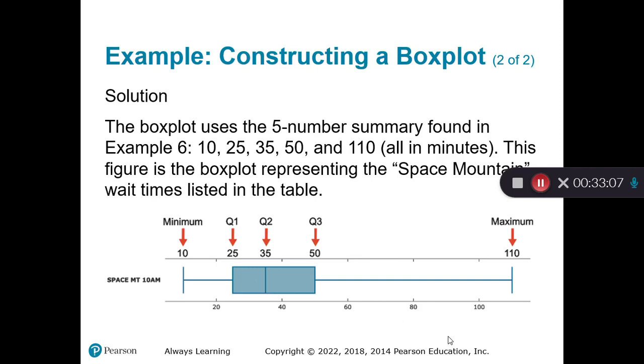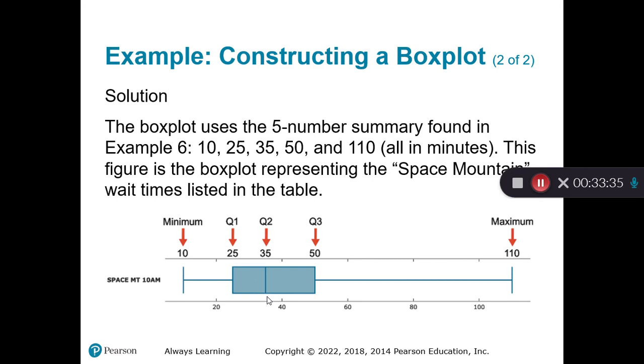Now, my promise to you was that we would be able to glean some light onto measures of center and variation and also possible outliers and even shape. So here's how we do that. First of all, because the median is labeled, median is one of our measures of center. So we would say that this data set is centered at 35 minutes because that's the median.